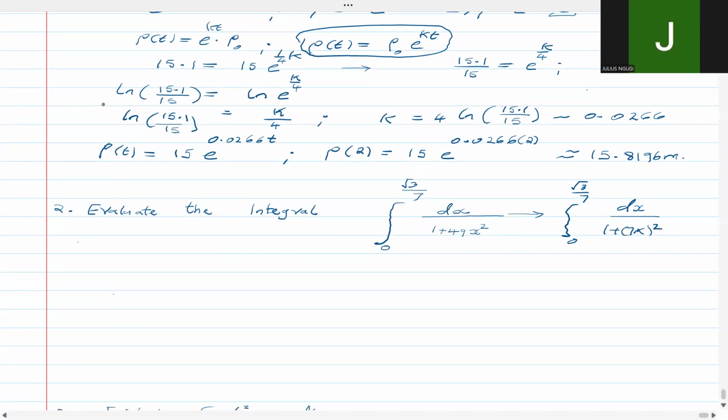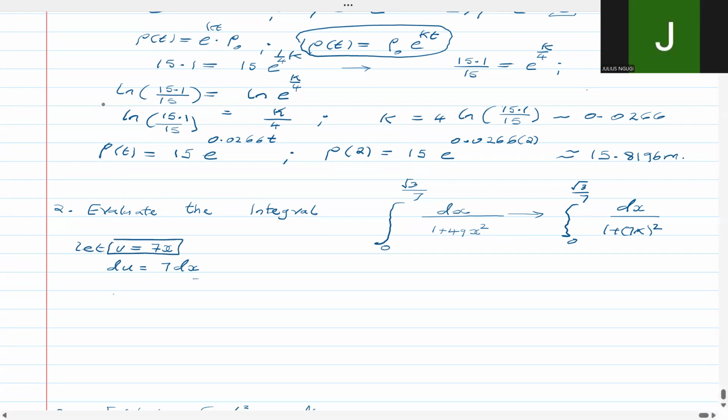So if we let u equal 7x, this means the derivative of u equals 7 with respect to x. And now we can change the limits of integration using u equals 7x.